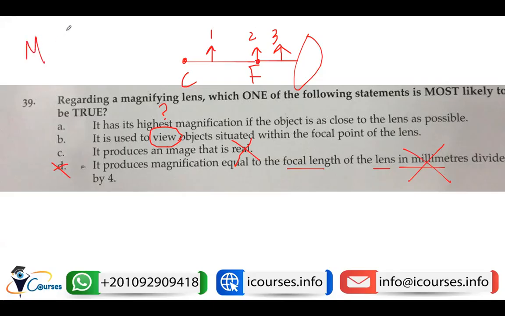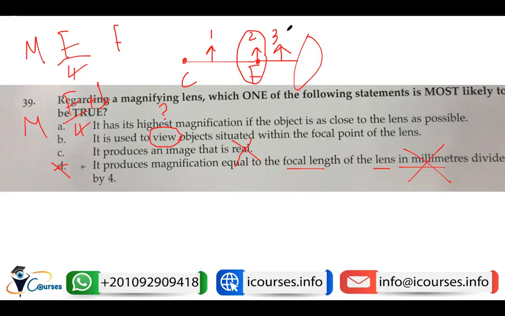Remember the rule: if the object is at f, the focal length, the magnification equals F divided by 4.